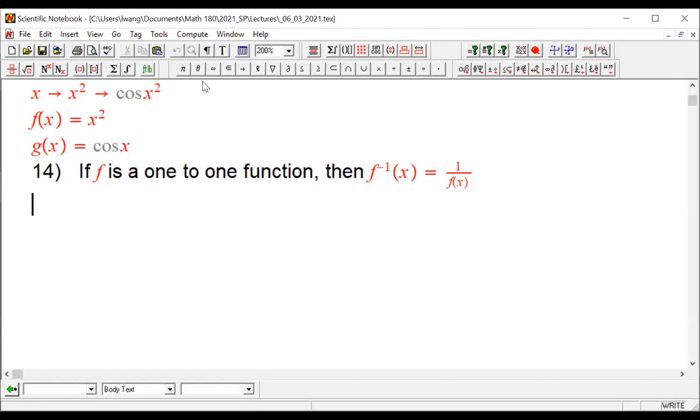Right? Terrible mistake. This shows completely no understanding of the notation.